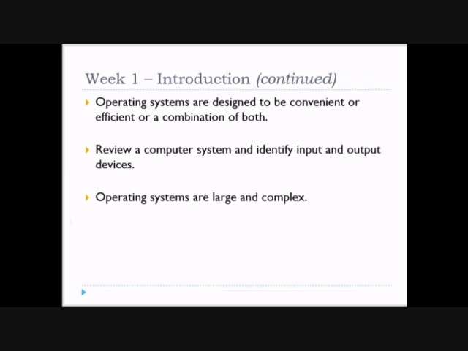They've got a lot of extended features that you wouldn't necessarily need, but it's very convenient and easy to use. That's the concept behind the Windows operating system, or even the graphical user interface in OS X. I'd like you to review computer security and identify input and output devices. And we need to understand that operating systems are large and complex.